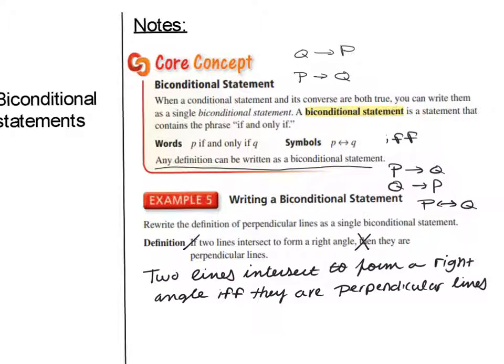And if I wanted you to identify the hypothesis, remember P is the hypothesis and Q is the conclusion of that if and only if statement, you would say the hypothesis is two lines intersect to form a right angle, and the conclusion is those lines are perpendicular lines. Does that make sense? Questions? Anyone confused? No. All right.